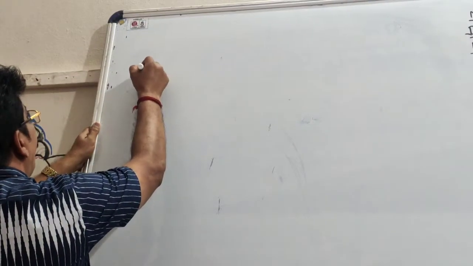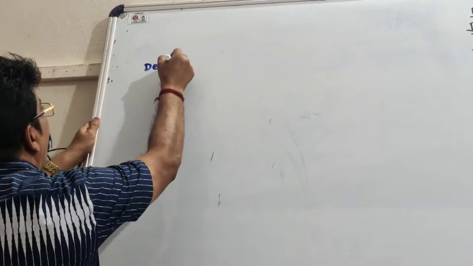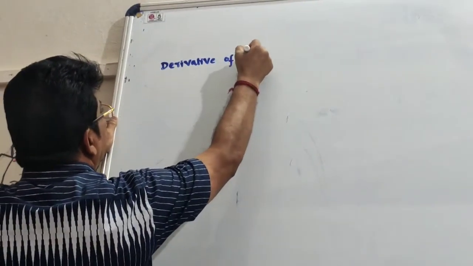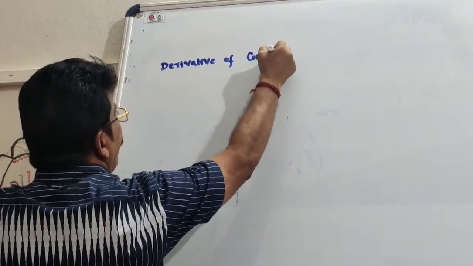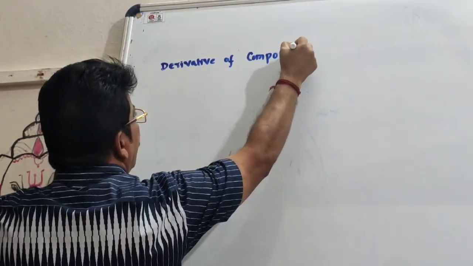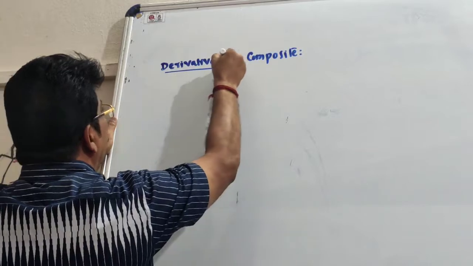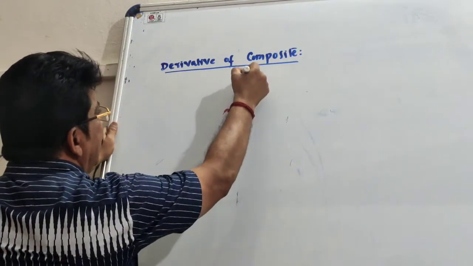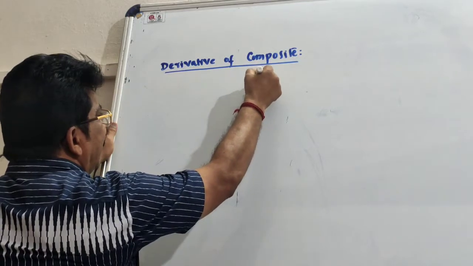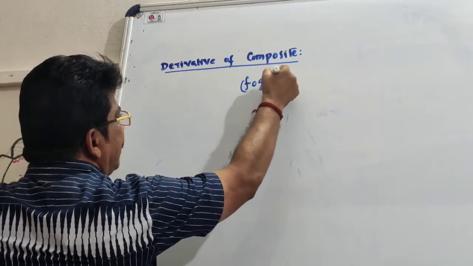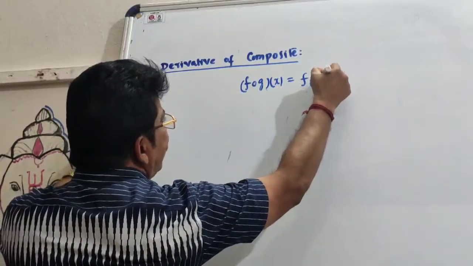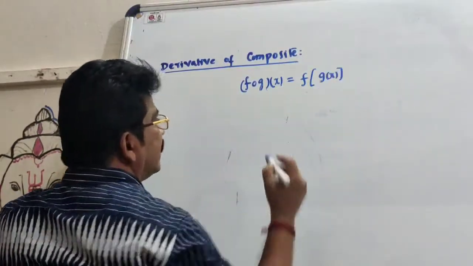Next, derivative of a composite function. Actually, we are considering f circle g of x function. It can be written as f of g of x.